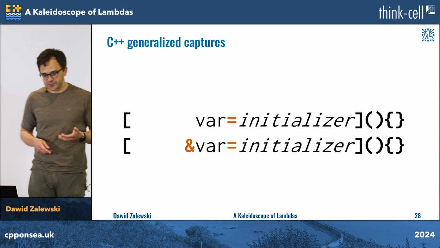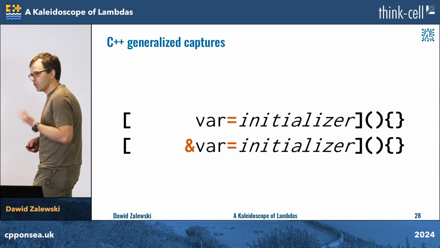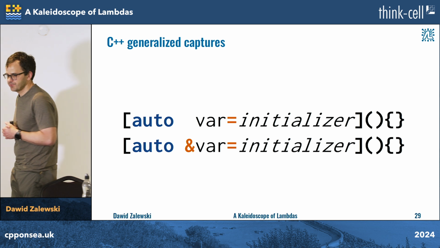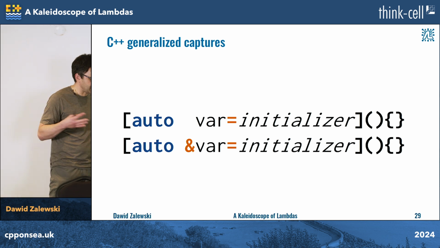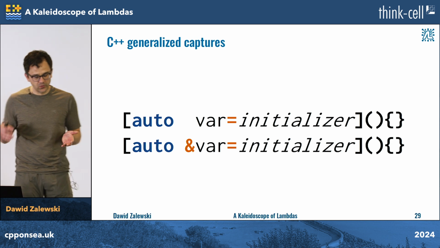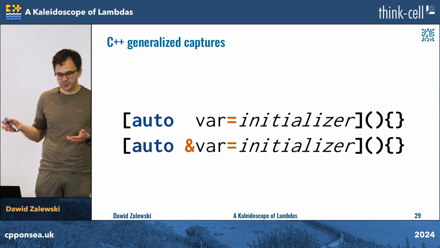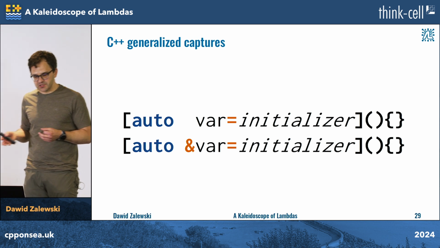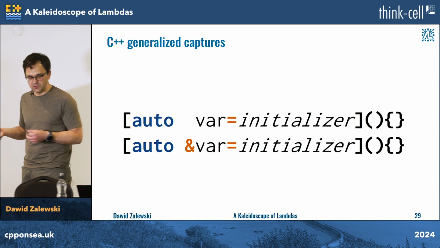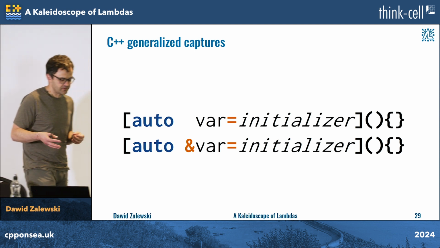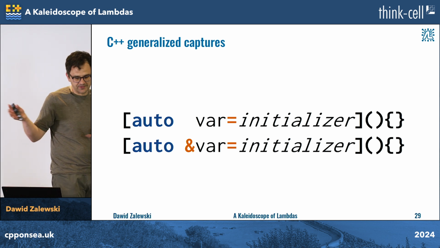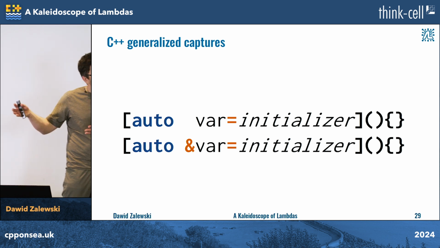Type deduction for generalized captures works as if there was a keyword auto in front of it. So just like the placeholder type auto, that's how the type deduction works here, which is sometimes important, especially if your initializer is a reference and you don't capture by reference. So imagine that your initializer returns an lvalue reference, or is an lvalue reference, for whatever reason.